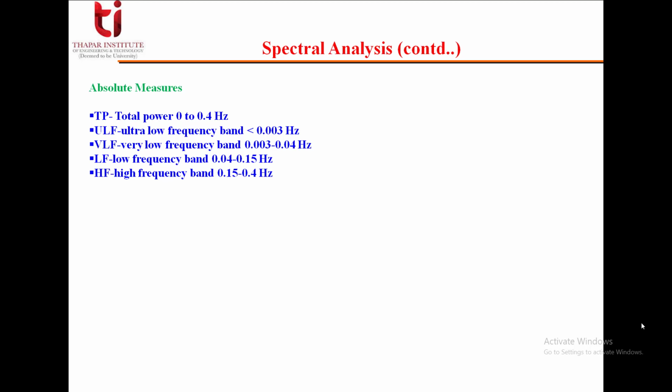Then we have the very low frequency band, which lies between 0.003 to 0.04 Hz. Then we have the low frequency band, which lies between 0.04 to 0.15 Hz. And then we have the high frequency band, that is 0.15 to 0.4 Hz. So these are the different absolute measures.